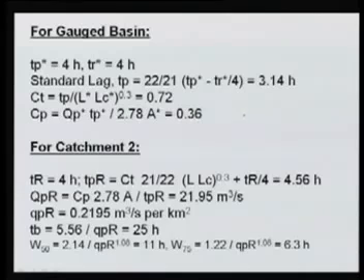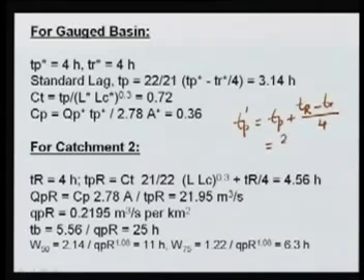If TR is not a standard, then for any other rainfall duration of capital TR, Snyder has given this relationship, which can also be written as follows, because this TR we have seen is TP divided by 5.5. So let's use this relationship to obtain the value of CT for the catchment which is gauged and for which unit hydrograph is available to us.